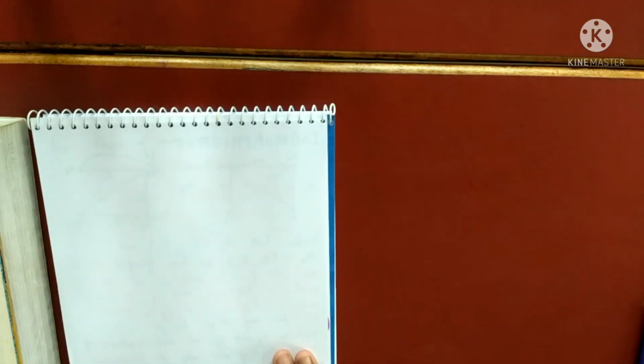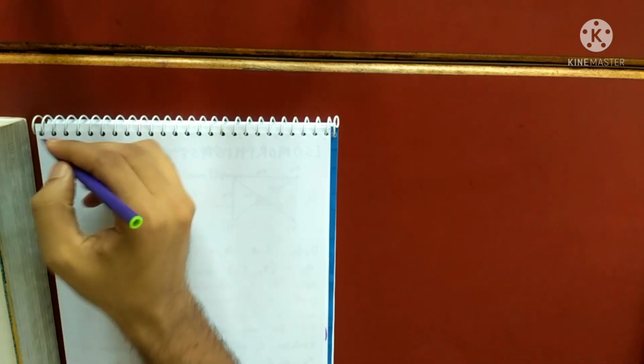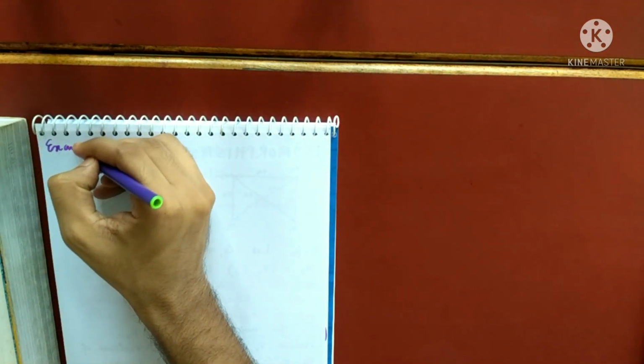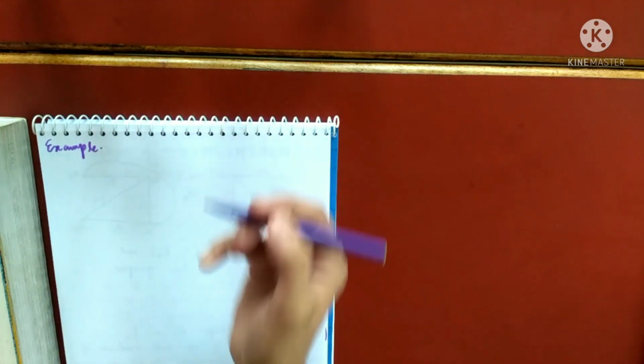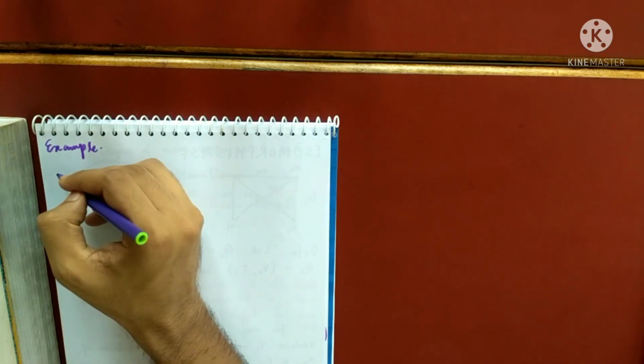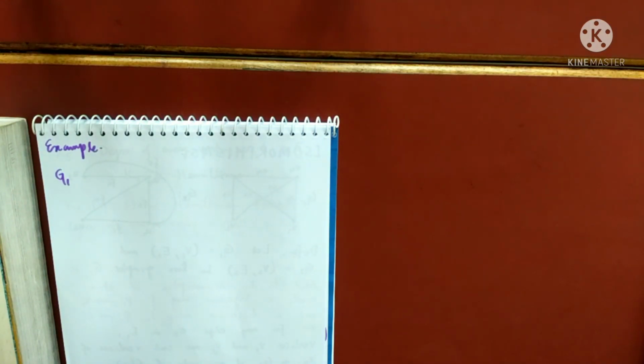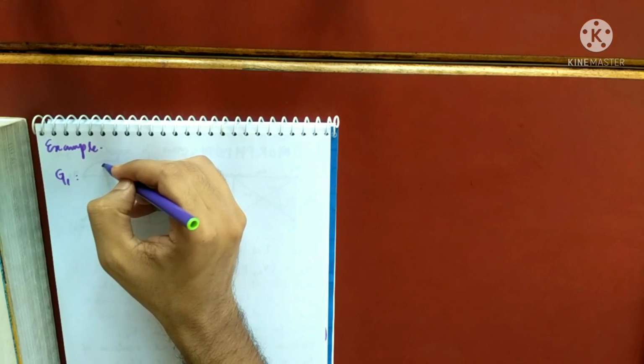So let's see this example. I'll draw the same graph again. Maybe I may name differently, but let me draw the same graph that I had drawn. So this was the first one, graph G1.